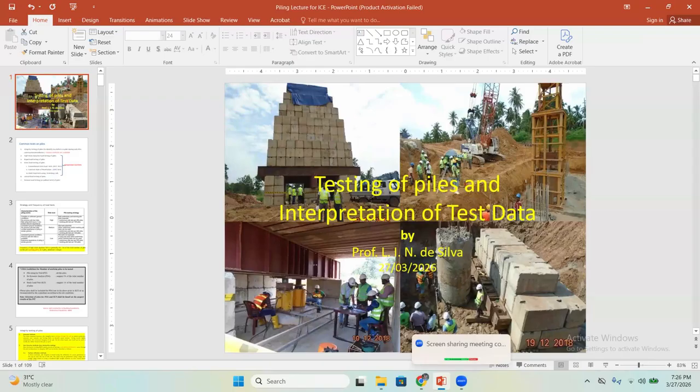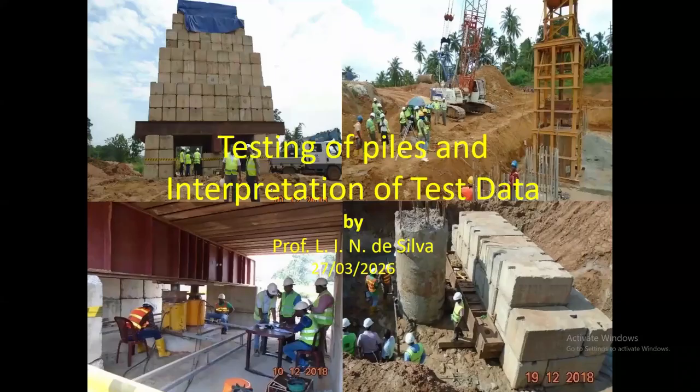So this is actually a very important topic because, as you may know, the pile failures are actually attributed to construction related issues rather than the design or other types of issues.